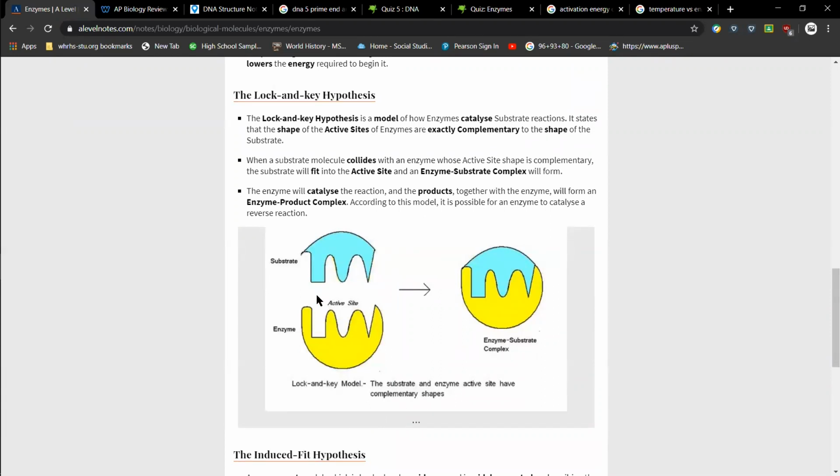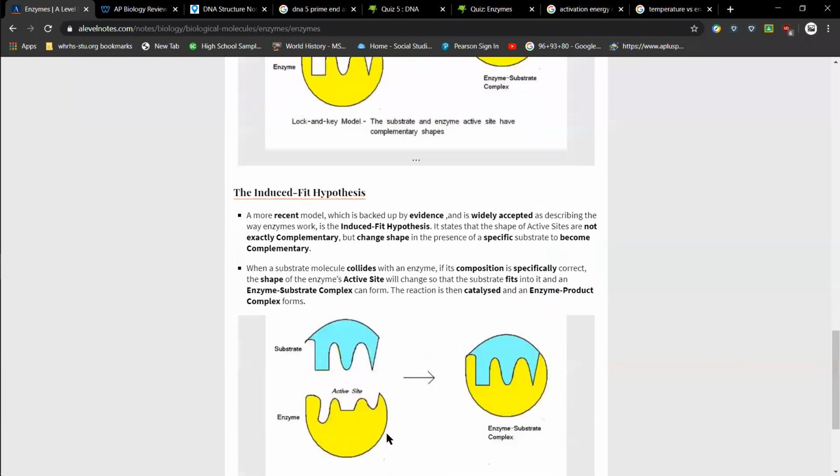The substrate fits perfectly into the enzyme. But this is actually flawed, and no enzyme actually uses this model. The reason for that is quite advanced, but all you need to know is that the lock and key hypothesis is invalid, and it's been disproved because this never happens.